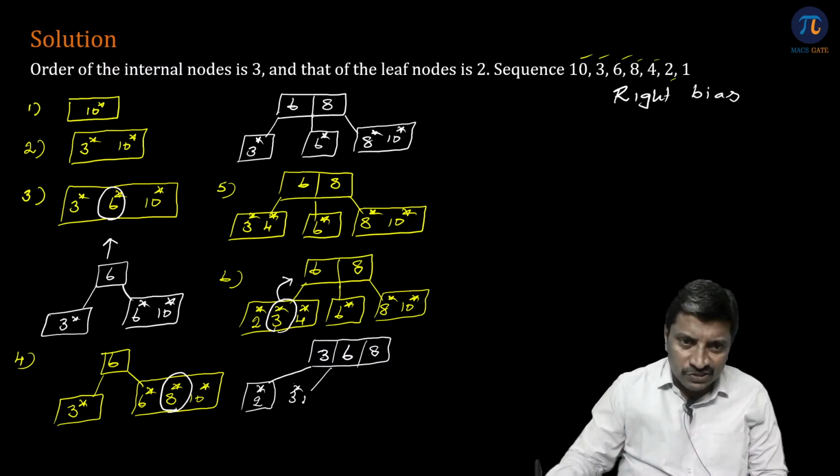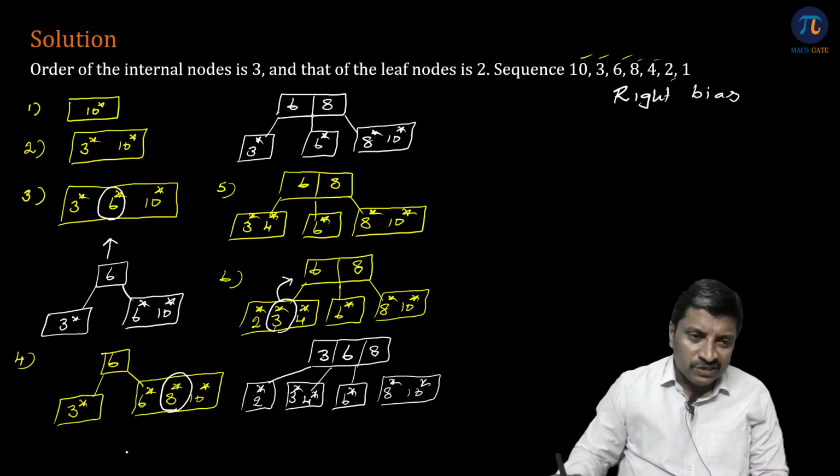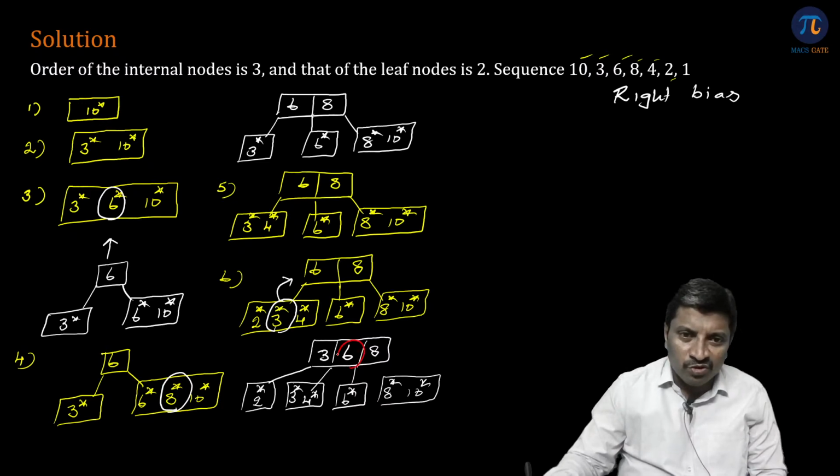Here it is 3 star, 4 star. Then 6 star. Then I have 8 star, 10 star. Sir, please observe it. This is having more values. I need to move this to next level.